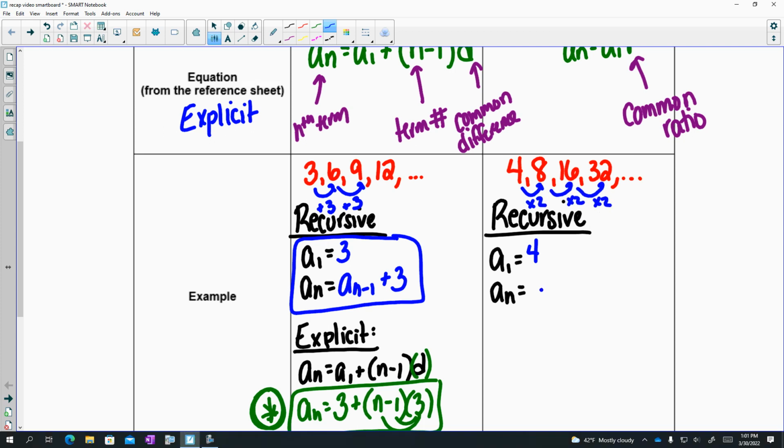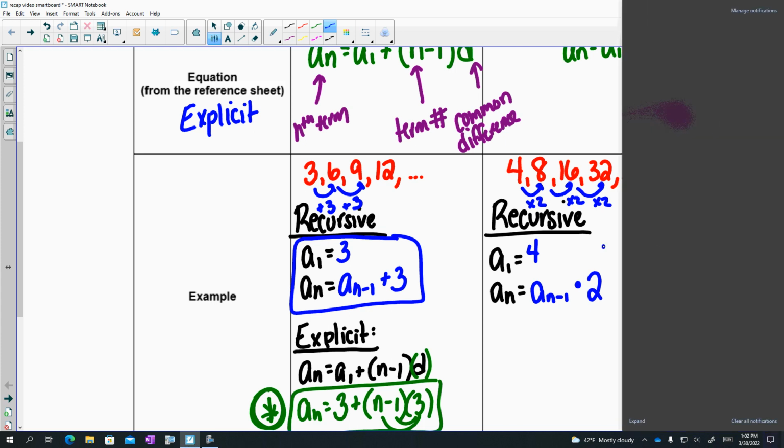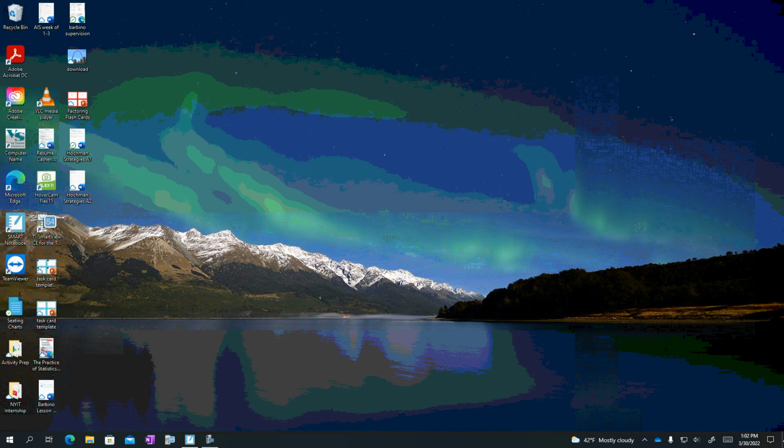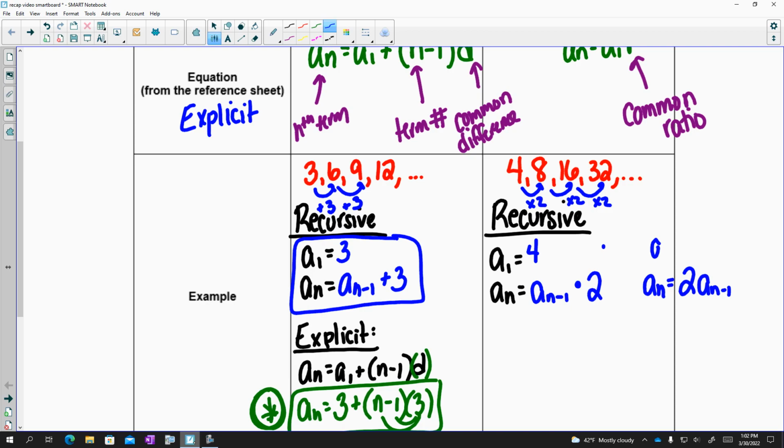So it's the previous term times 2, which you will usually see written as 2 times the previous term, because we have a habit in math of putting the coefficient in the front. So my equation would have both pieces, and that would be my final answer.